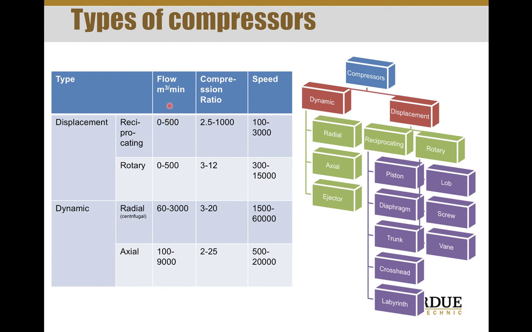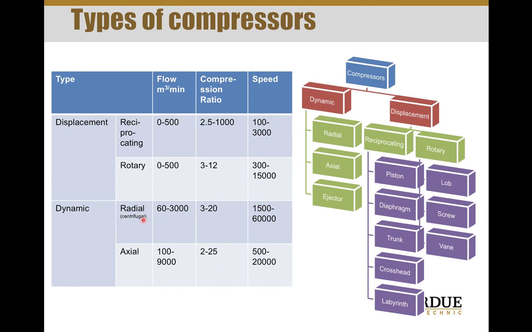And so as a general rule, you can remember that the displacement ones are low flow and high pressure. You can see the compression ratio is far greater than that for dynamic ones. And they also work at lower speeds than the dynamics.